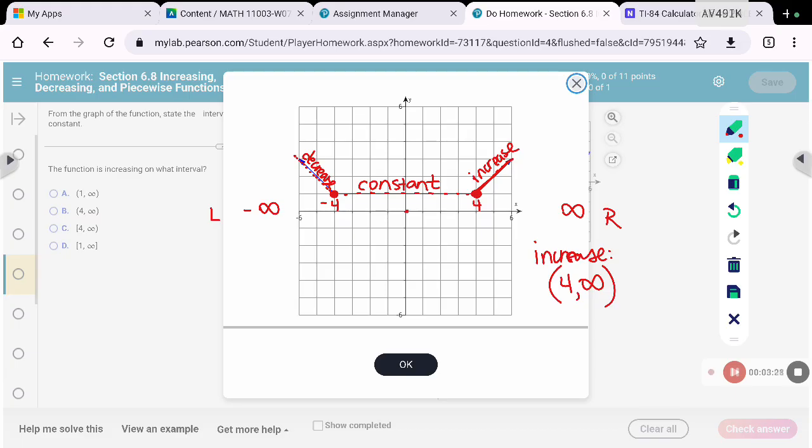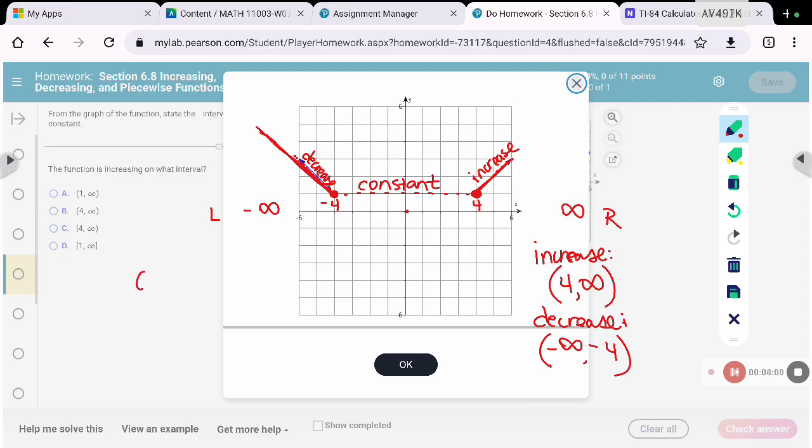Okay, now let's see where I am decreasing. Here is the part that is decreasing. It decreases until it gets to that negative 4. So it starts at negative infinity, and it goes down until it gets to the negative 4. And the last piece that we're going to talk about is that piece in the middle, the constant piece.